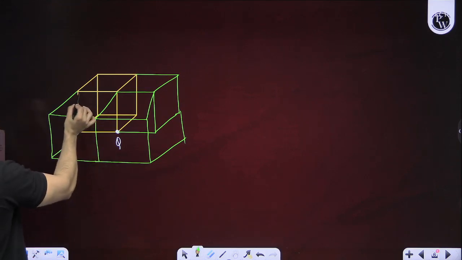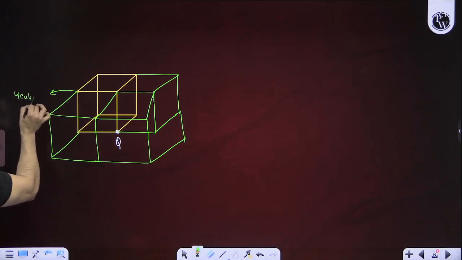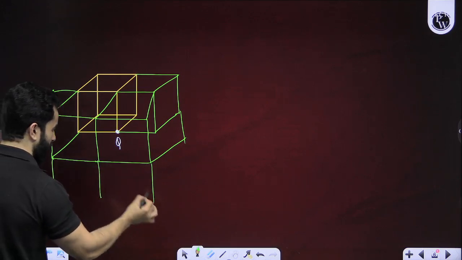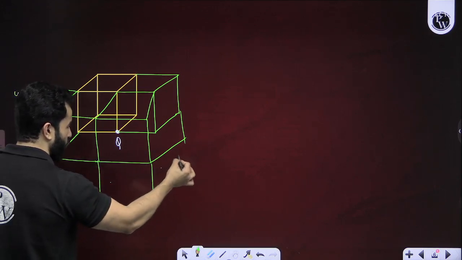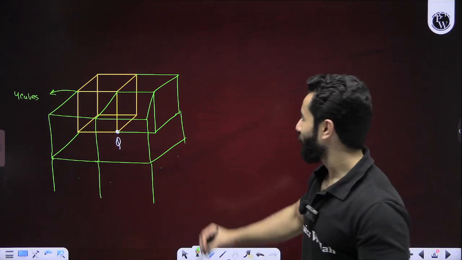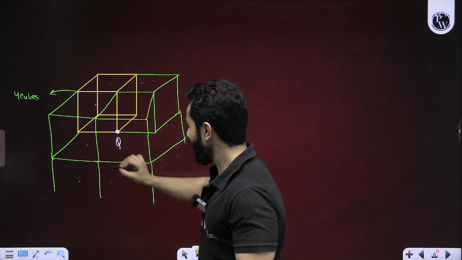So right now there are 4 cubes over here. And similarly there will be 4 cubes, 2 cubes over here and 2 cubes over here. Are you getting it? So in total, we have got 1, 2, 3, 4, 5, 6, 7, 8.